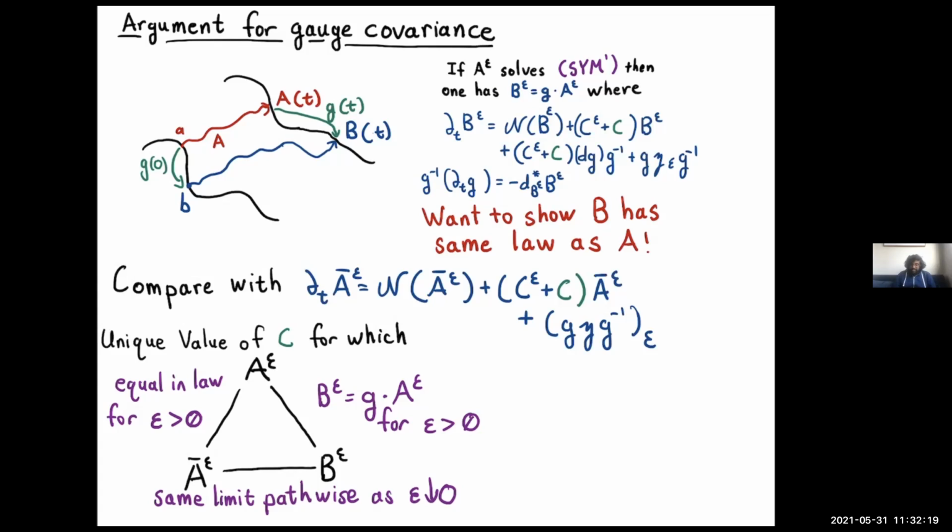And this equation needs to have this form because it needs to be pathwise the image of A under a gauge transformation like this. So we have two pathwise relationships and one relationship in law, which introduce constraints on how we renormalize. What you're worried about is that this one is renormalized incorrectly to converge, or this one is.